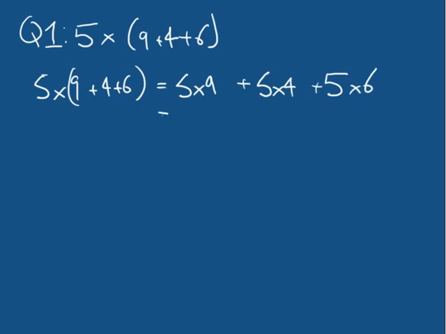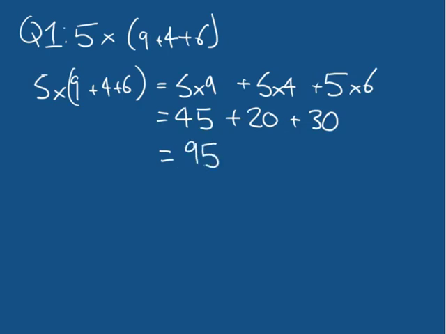If we work this out, 5 times 9 is 45, 5 times 4 is 20, and 5 times 6 is 30. 45 plus 20 is 65, plus 30 is 95.